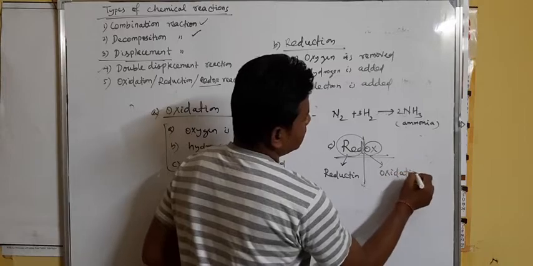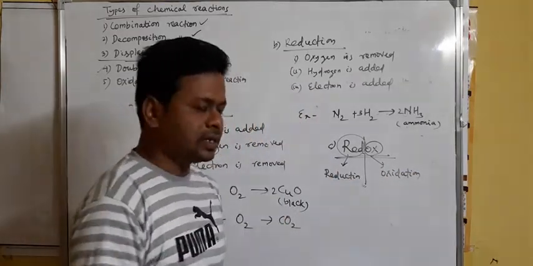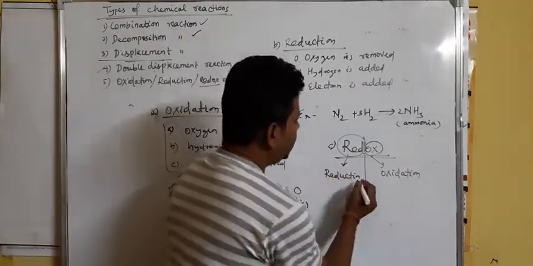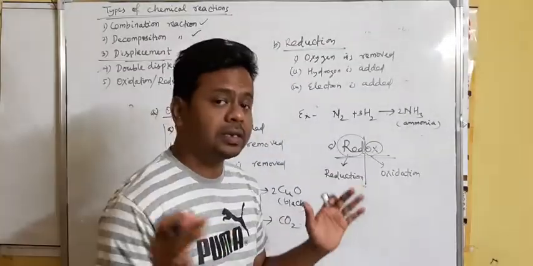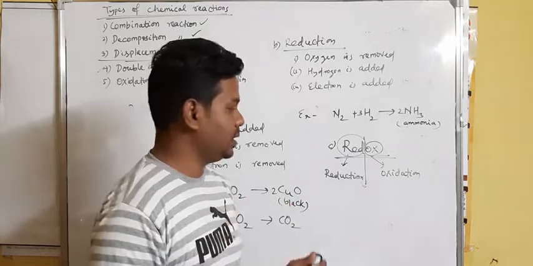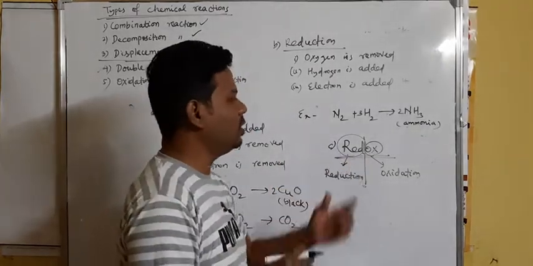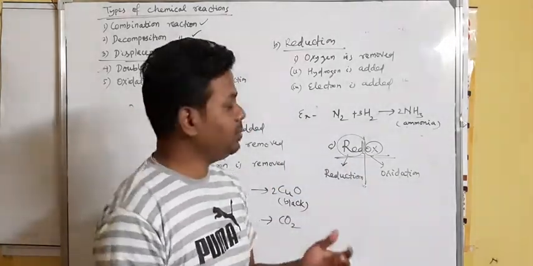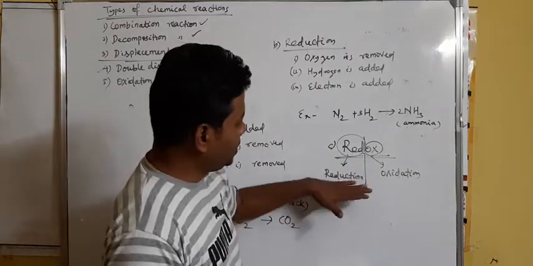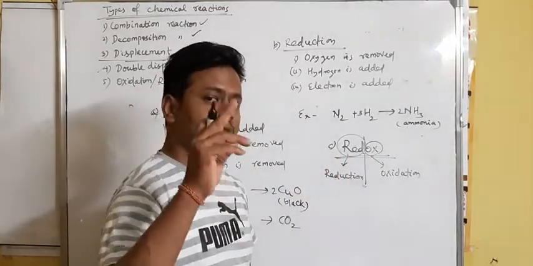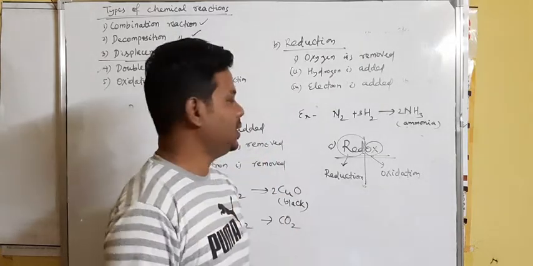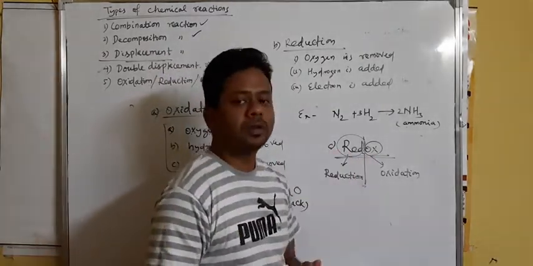It means if in one reaction both reduction and oxidation take place simultaneously, together in a single reaction, then it is called a redox reaction. Again I am repeating, the reaction in which reduction and oxidation both take place simultaneously, at a time, is called a redox reaction.